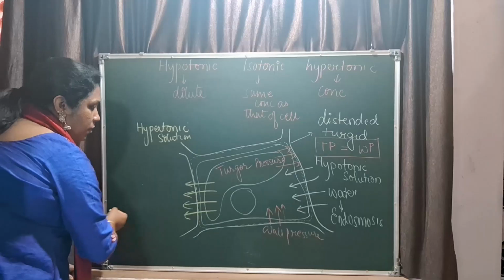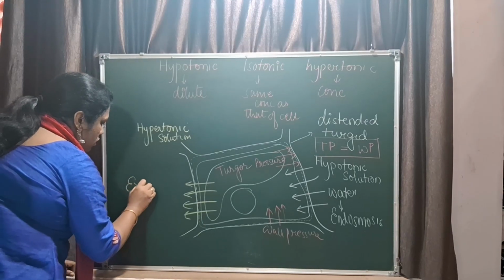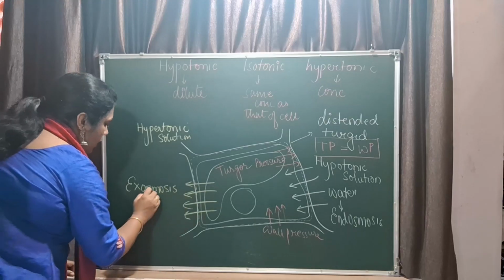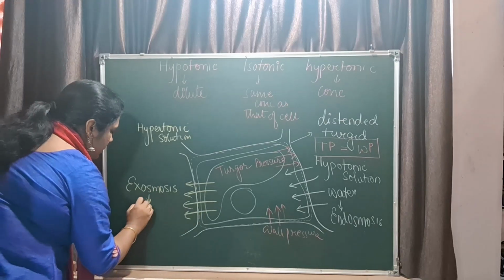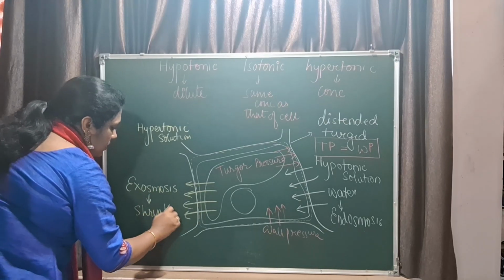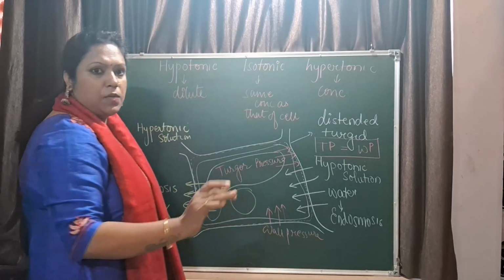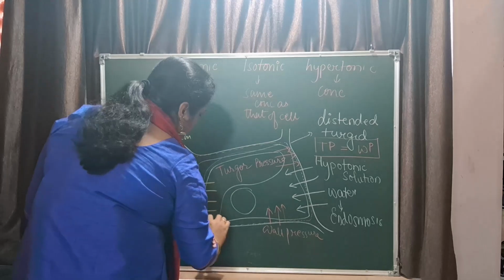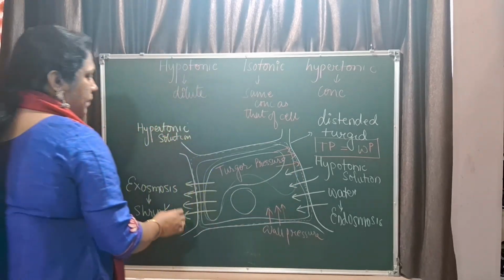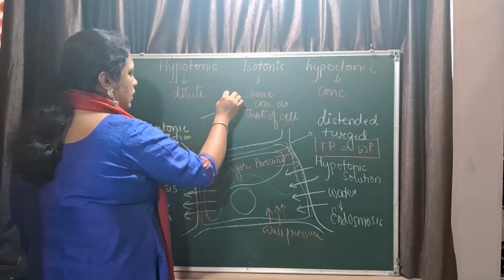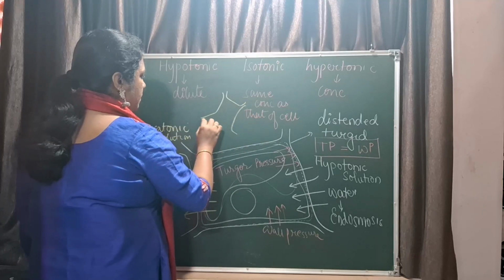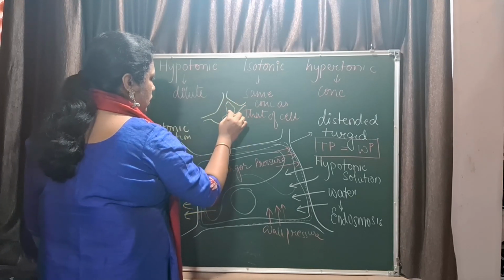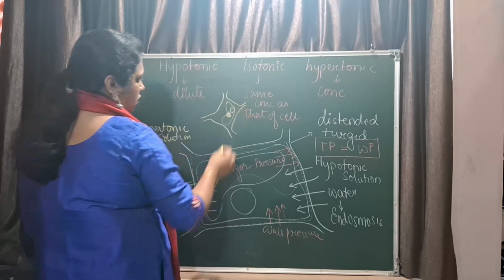Exosmosis will occur, and the cell will shrink. Since it is a plant cell, the cell wall will remain as it is, but the plasma membrane is going to shrink. So you have the cell, this is the cell wall, and the plasma membrane is going to shrink with the nucleus and a small vacuole.